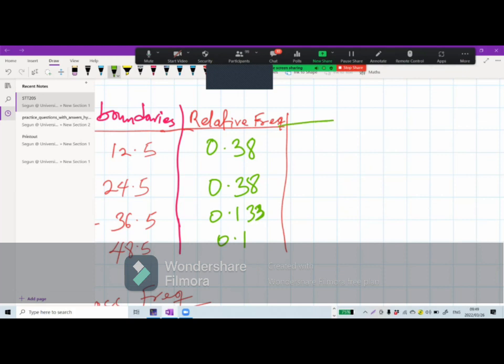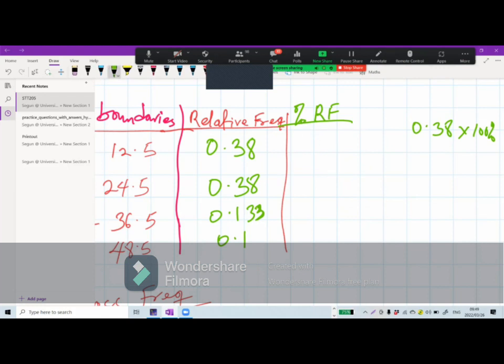So for the percentage, RF, the percentage will be 0.38 multiplied by 100%, which is 38%. Let me write it down.